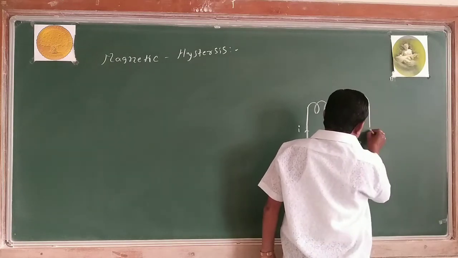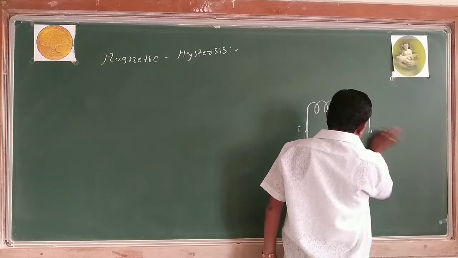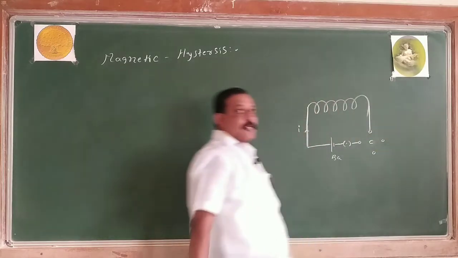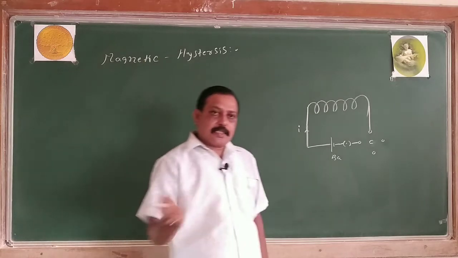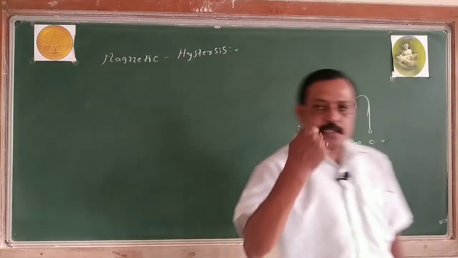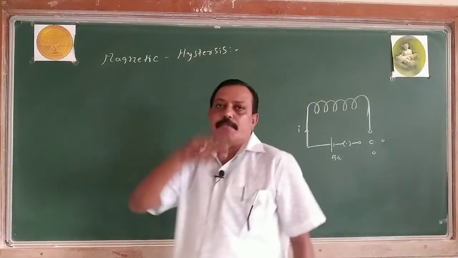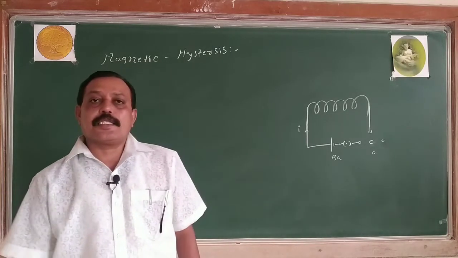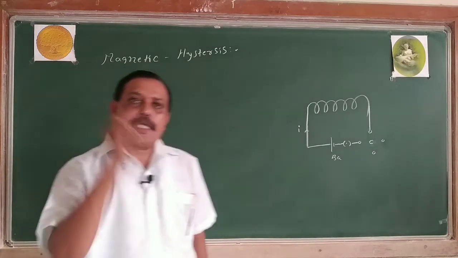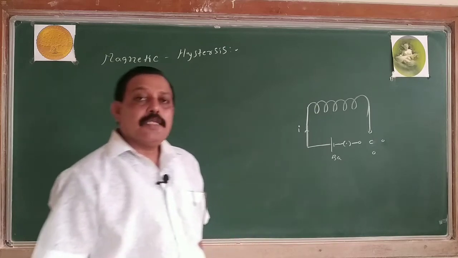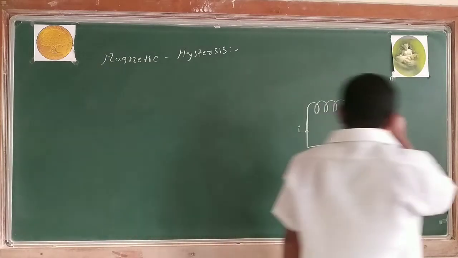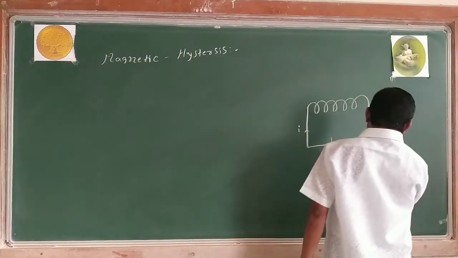Usually in the laboratory we use a two-way key. This is the commutator, which is used to reverse the direction of the current. As the direction of the current reverses, the magnetic field also reverses, because in the solenoid B equals mu naught N i, so B is directly proportional to current. Now this is the rheostat.